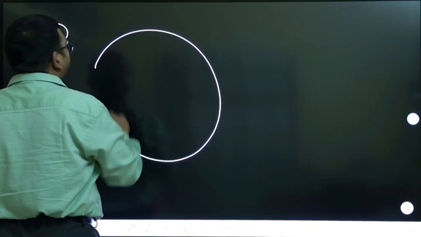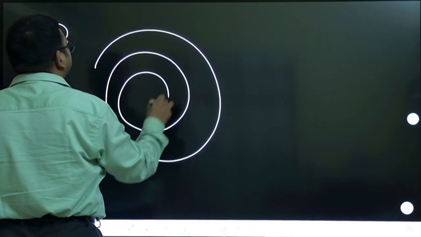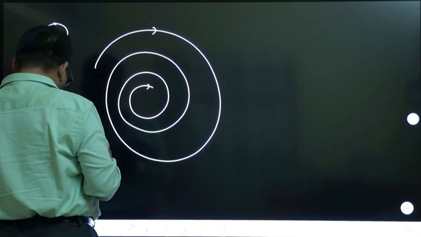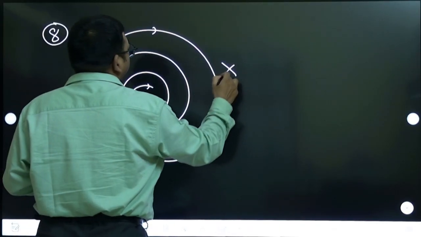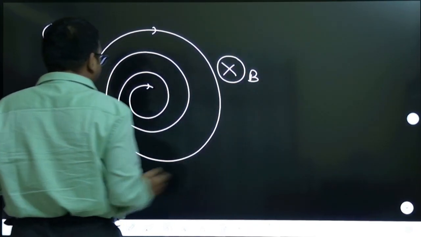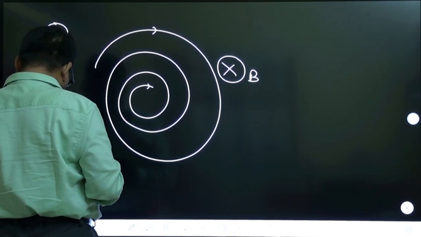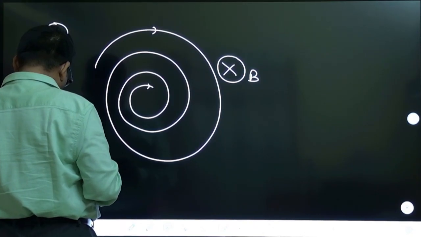So they are showing one charged particle moving in a spiral this way. This is the spiral direction. Magnetic field is cross into the page. Question is, a charged particle in the plane spirals clockwise with decreasing radius.